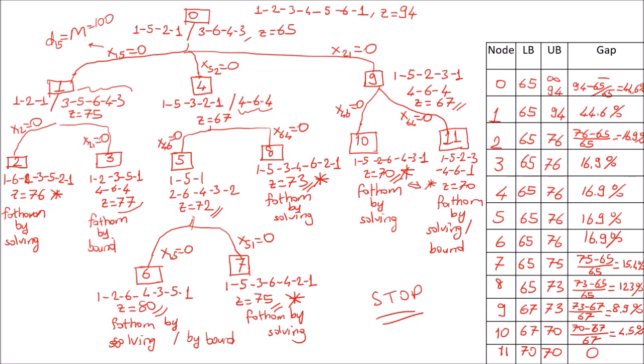So as I said, this solution over here and this solution over here, both of them have the same total distance value, and they are both optima. They are alternative optima.